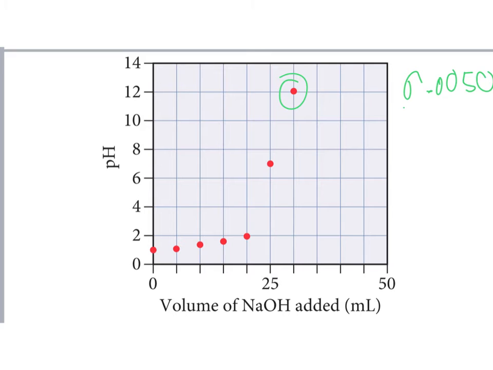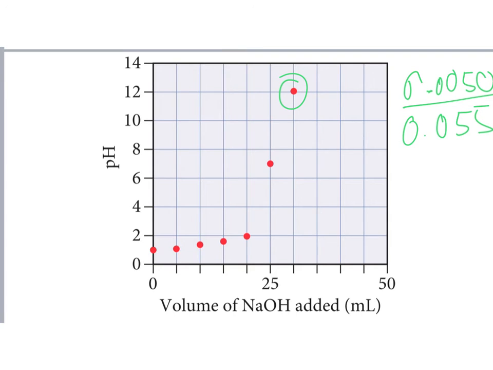0.0050 moles. We now put that over the total volume. The starting volume was 25 milliliters of acid. We've already added 30 milliliters of base, and so we've got a total of 55 milliliters. So divide by 0.055 and you're going to get the concentration of OH minus.